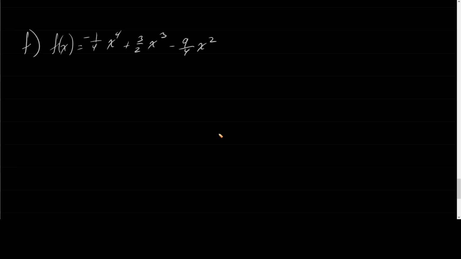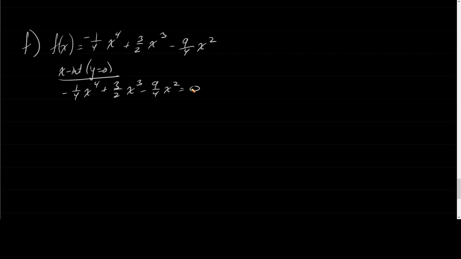The very first thing I'm going to do here is find the zeros of this, right? So in other words, I'm going to look for all the x-intercepts, which is where y is equal to 0. So I'm going to go ahead and set this whole thing equal to 0. So negative 1/4 x to the 4th plus 3/2 x cubed minus 9/4 x squared, set it equal to 0.